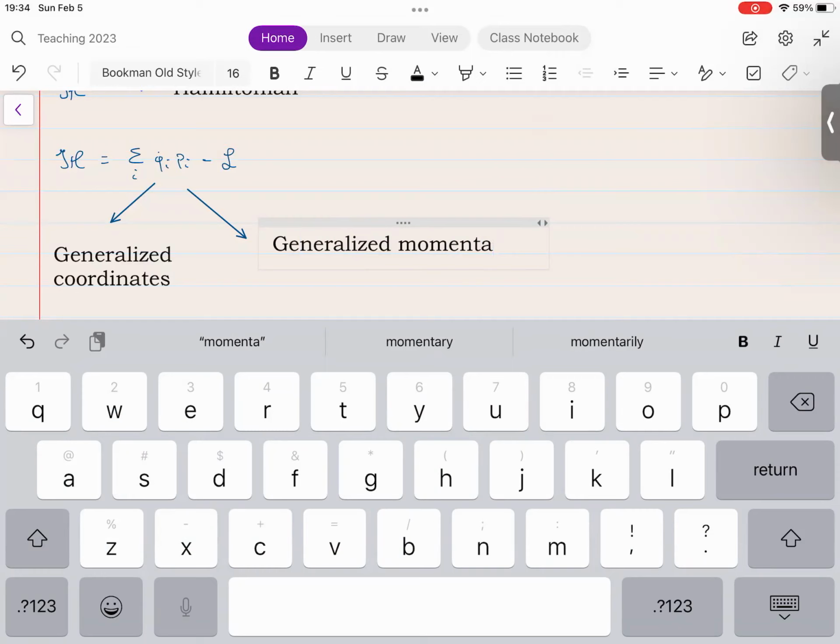That is, the generalized momentum p sub i is conjugate to the generalized coordinate q sub i, where the coordinates could be anything, and do not need to be spatial coordinates.